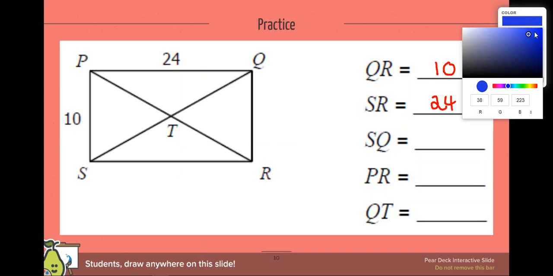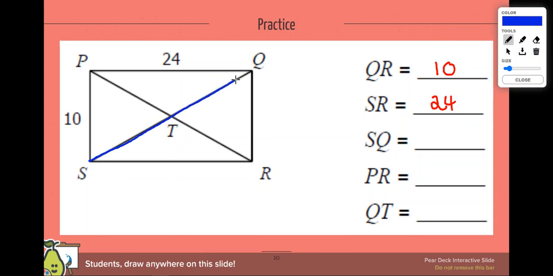So when SQ is right here, we're going to use the fact that the diagonal is part of a right triangle within the rectangle to solve for the length. We know this is 10 and we know this is 24. So since we know the legs of the triangle's lengths, we can find the hypotenuse using the Pythagorean theorem.